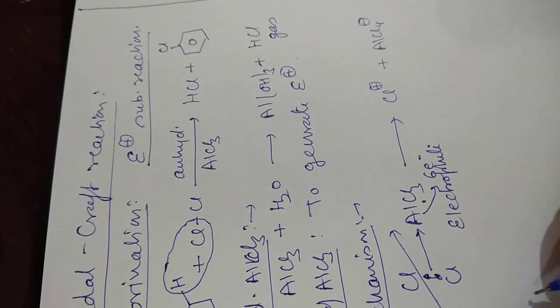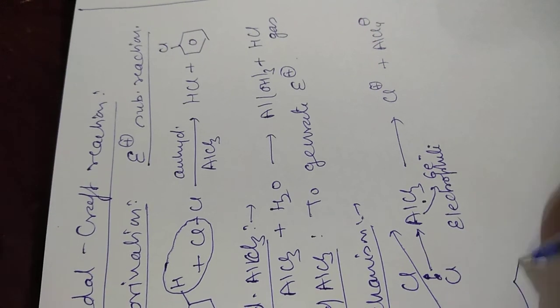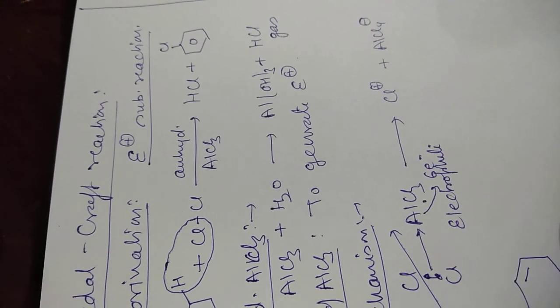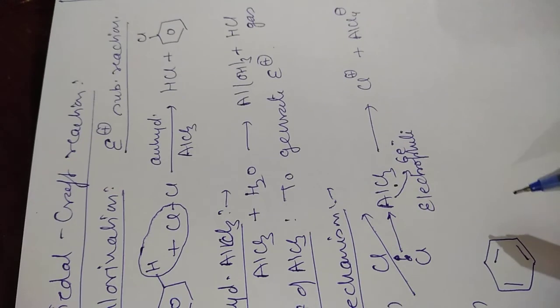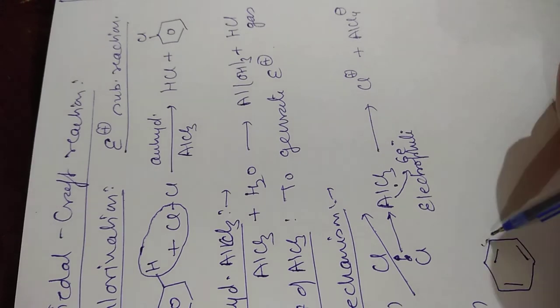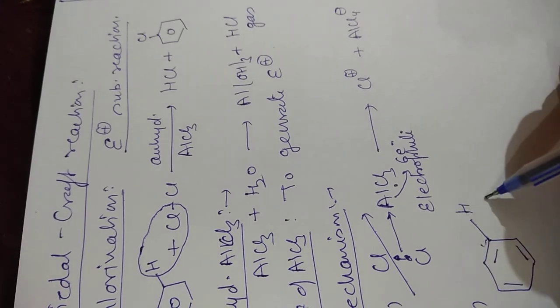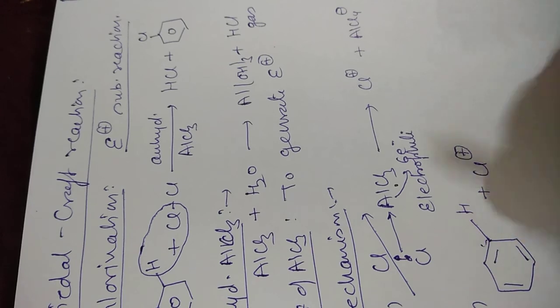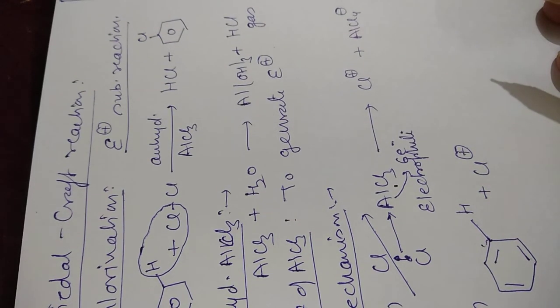In the second step, what will happen? If we are taking benzene, here we can take chlorobenzene, bromobenzene, phenol, any reactant we can take. The reaction will take place in absolutely the same way.